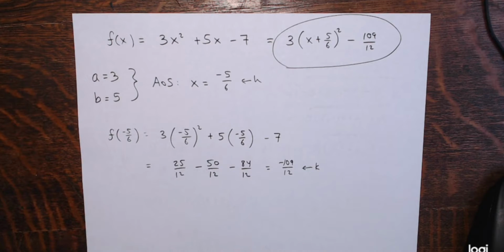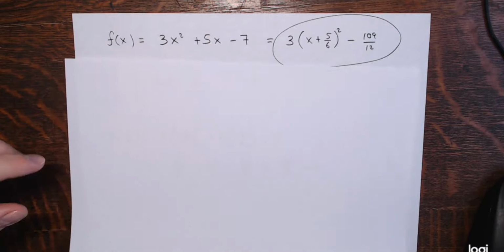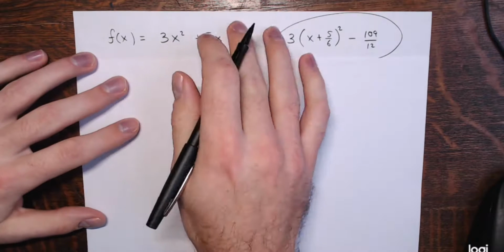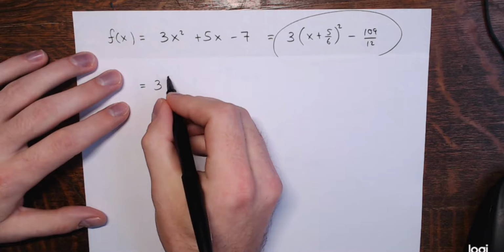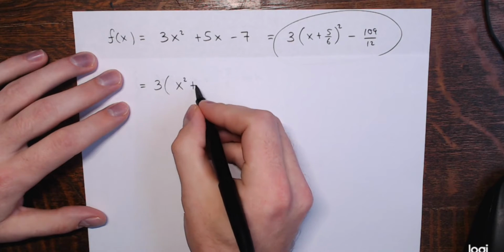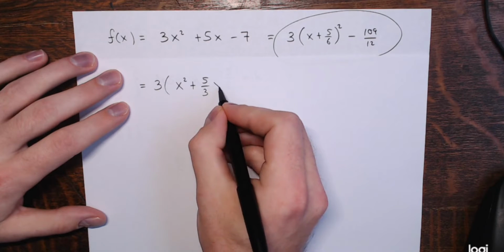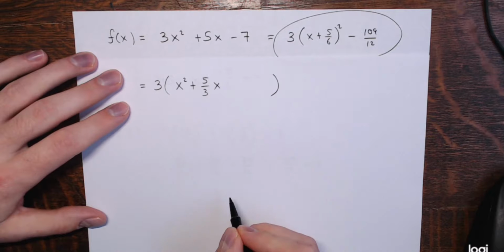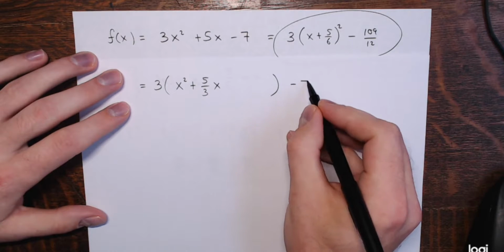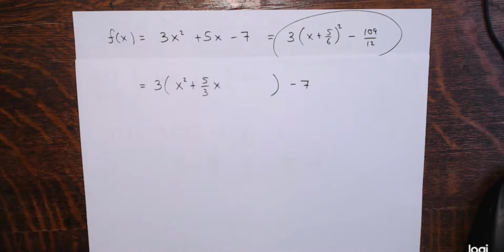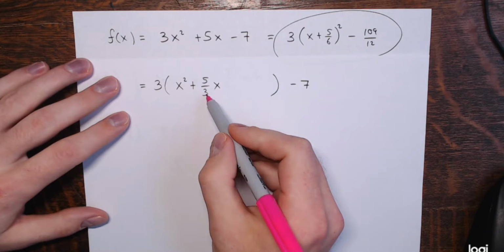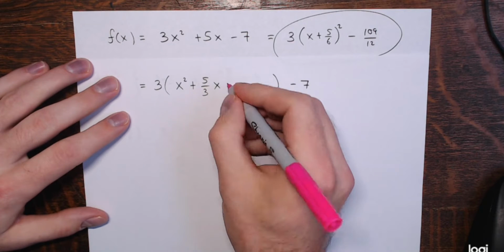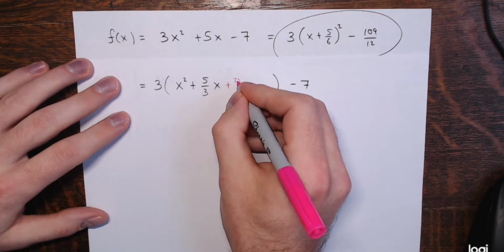Now, again, if you wanted to complete the square, you could just factor a 3 out of the x terms here. Leave a bunch of space in the parentheses to complete the square. You get the minus 7. Half of 5 thirds is 5 sixths. Squared would be 25 36ths.